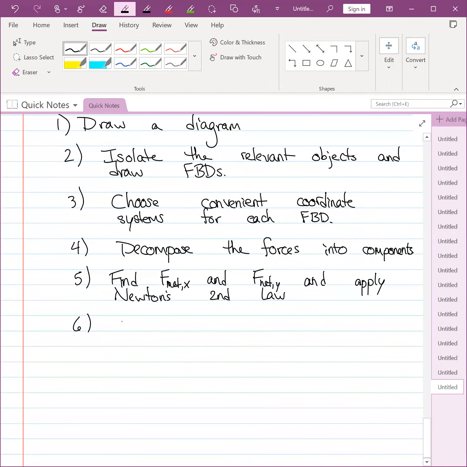Step 6, apply any constraints. That means write down an equation and then perhaps use them. Maybe do some substitution if you can. And then step 7 is solve the algebra. And that's it. 7 steps, you can solve any free body diagram problem.